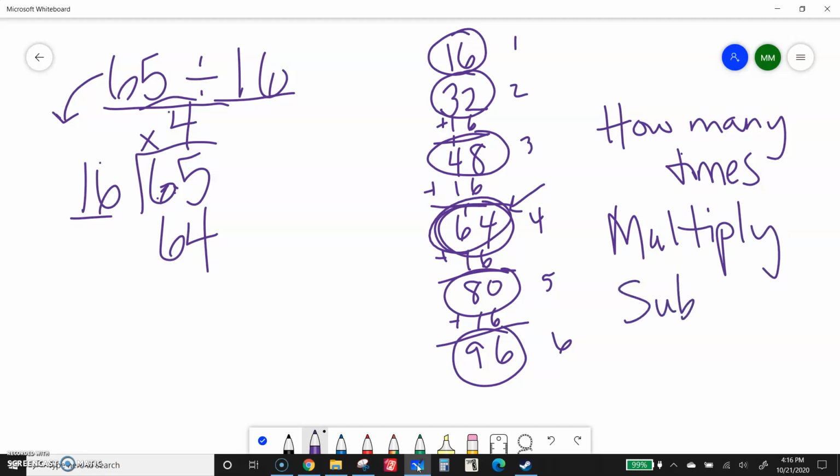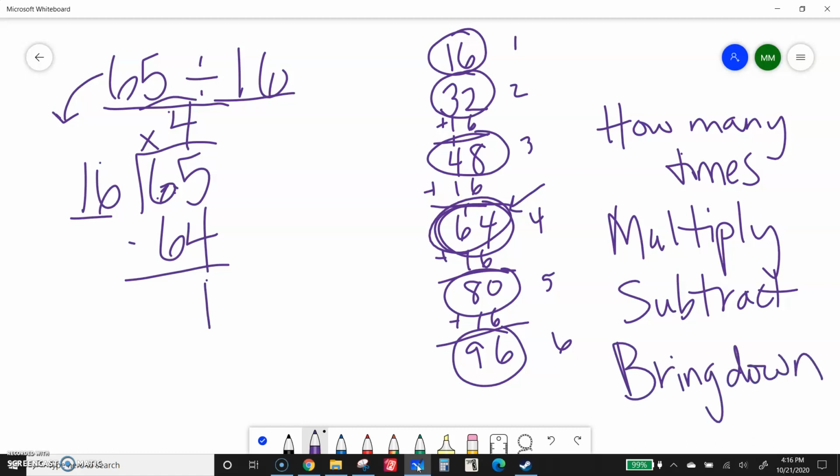Then I subtract. 65 minus 64 is 1. Bring down, well, I have nothing to bring down because it is just 2 digits. So my answer is just 4 remainder 1. All right. Now, I can do the partial quotients this way, just like I did before.